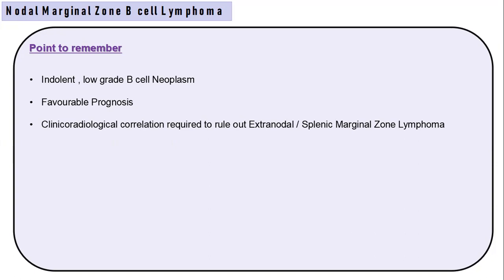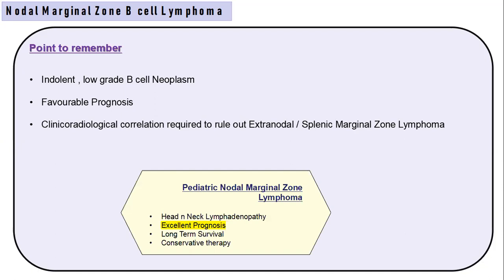But the only thing that we need to remember when we see a case of nodal marginal zone B-cell lymphoma is that we rule out either an extranodal marginal zone lymphoma of MALT tissue, or a splenic marginal zone lymphoma. We must rule out metastasis from these sites, as they are more common than isolated nodal marginal zone B-cell lymphoma.